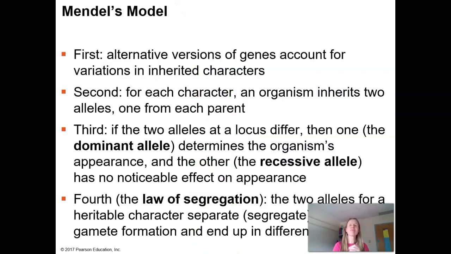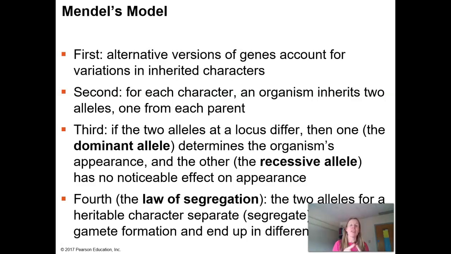So here's what Mendel comes up with. He basically comes up with 4 discoveries. First, these alternative versions of genes, or heritable factors as he would have been calling them, account for the variations in these inherited characters, like flower color or seed shape.